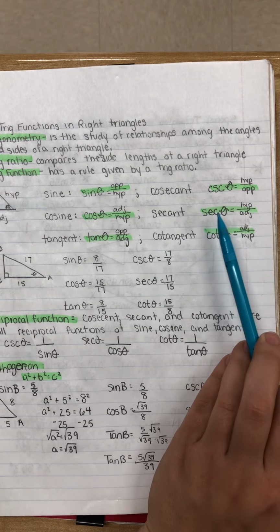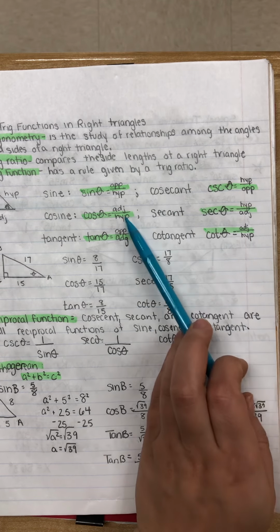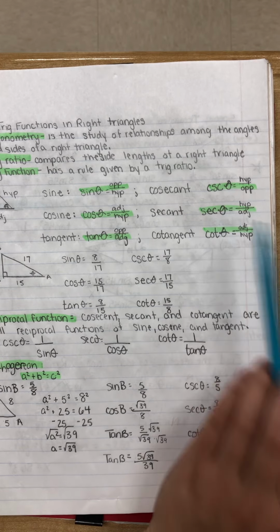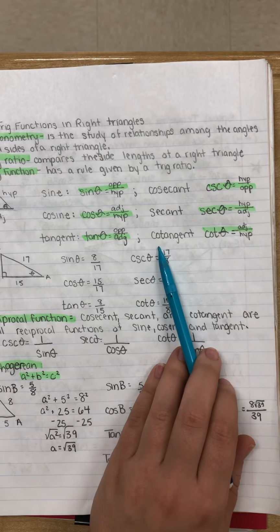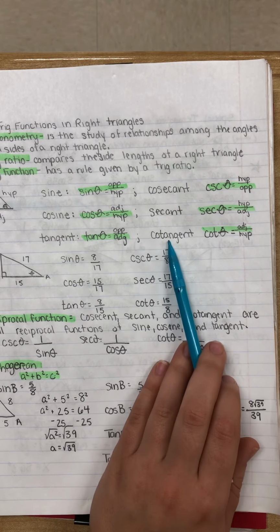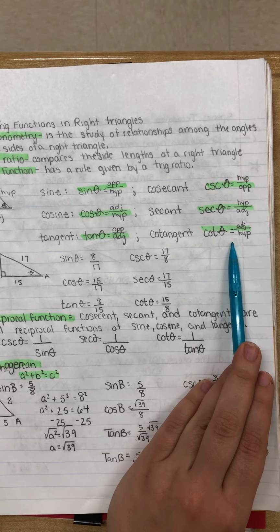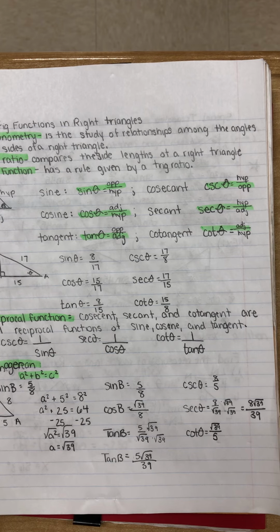Secant, or SEC, of theta is equal to the inverse of cosine, so hypotenuse over adjacent. And then cotangent is the one that makes the most sense. Cotangent is the inverse of tangent, so it's adjacent over opposite.